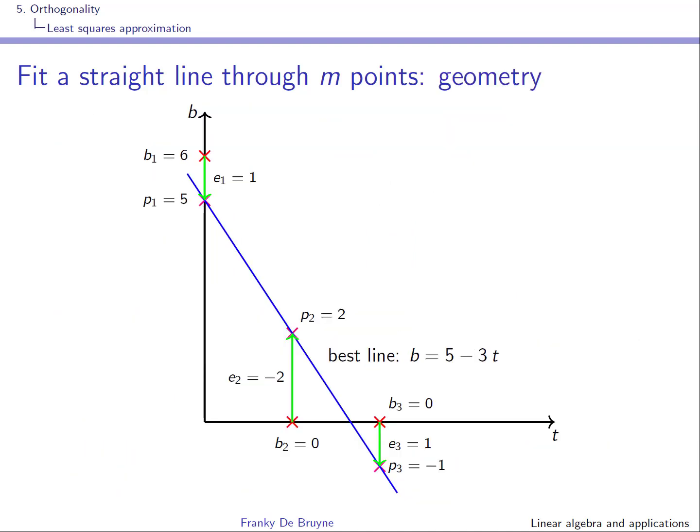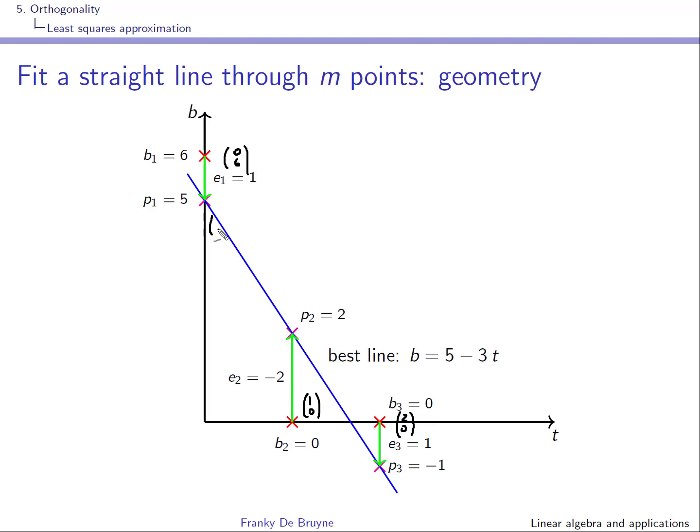So let's look at the geometrical interpretation. So we have a point, in general, well, the original points are given in red. So you have here (0, 6), you have (1, 0), and (2, 0). And the projections are given in purple over here.